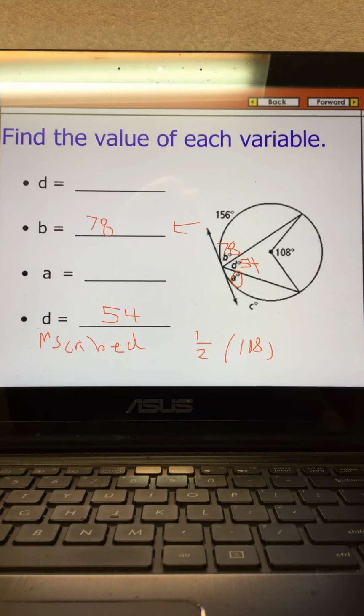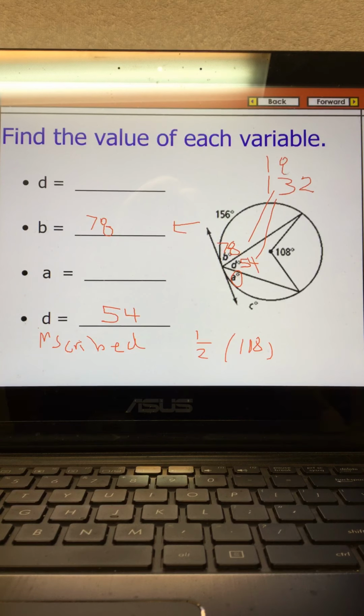If I add up 78 and 54, I think I'm going to get 132. And so those three angles make up a straight line. So if I subtract that, I think I'm going to get 48 for my angle here.